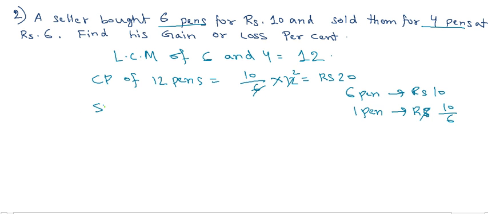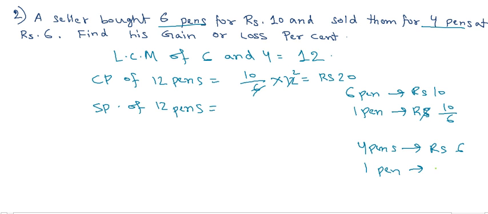And again we will find out the SP of 12 pens. Similarly, 4 pens selling price is ₹6, so 1 pen SP is 6 by 4. Just multiply the SP of 1 pen into 12, and we get ₹18.